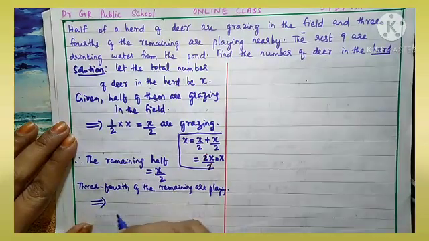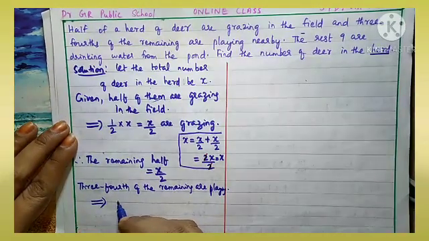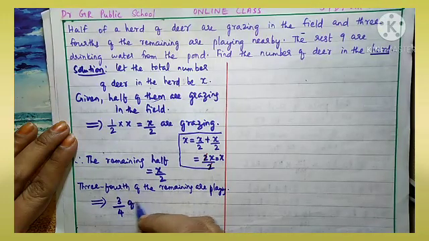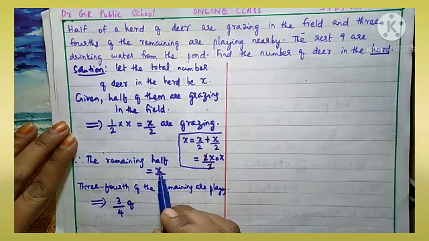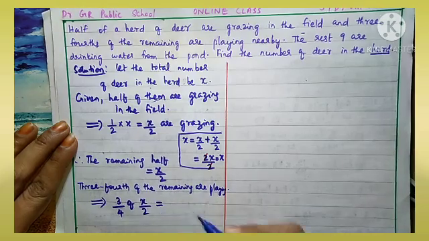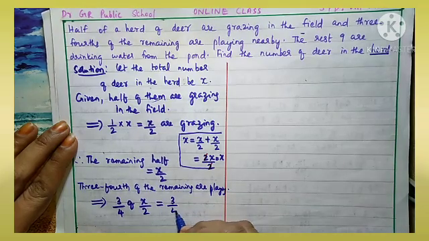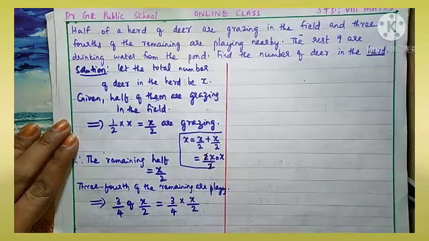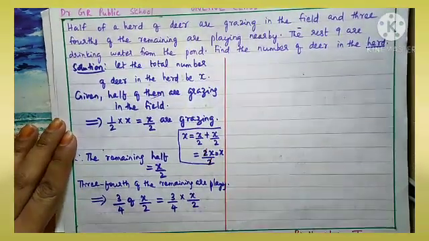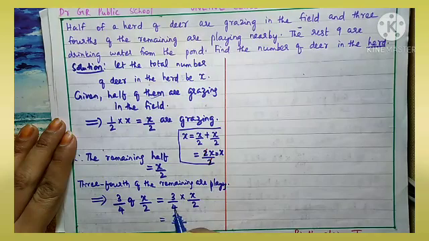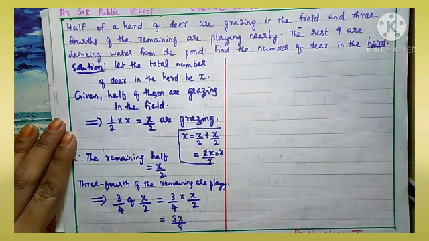This implies what is 3/4? 3/4 means 3 by 4 of this remaining half. So the remaining half's 3/4 equals, of means multiplication, so 3 by 4 into x by 2. What is 3 by 4 into x by 2, children? Multiply the numerators, 3 into x, 3x, by 4 into 2, 8.